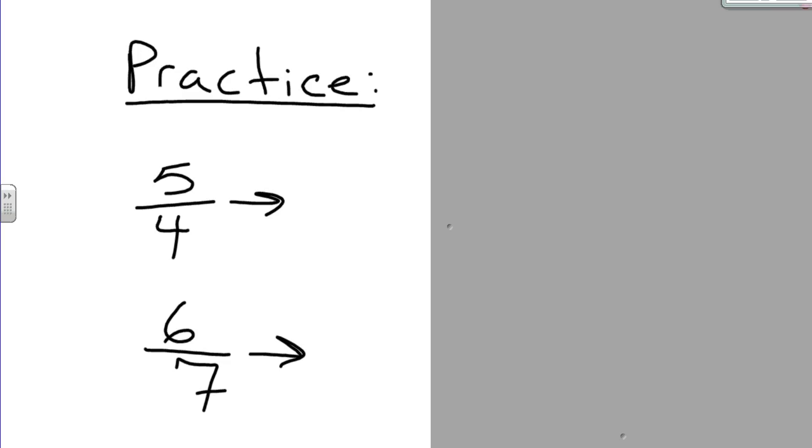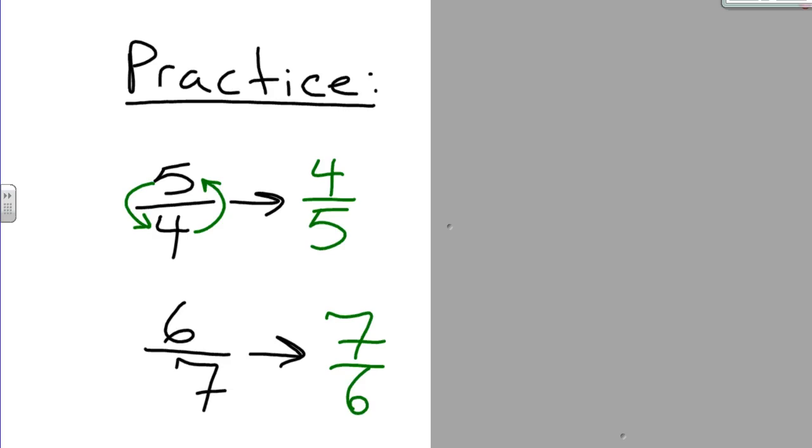Let's try some practice problems. Go ahead and practice these on your own. For the first one, you should have gotten 4/5. That is the reciprocal when we switch the numerator and the denominator. For the second one, you should have gotten 7/6.